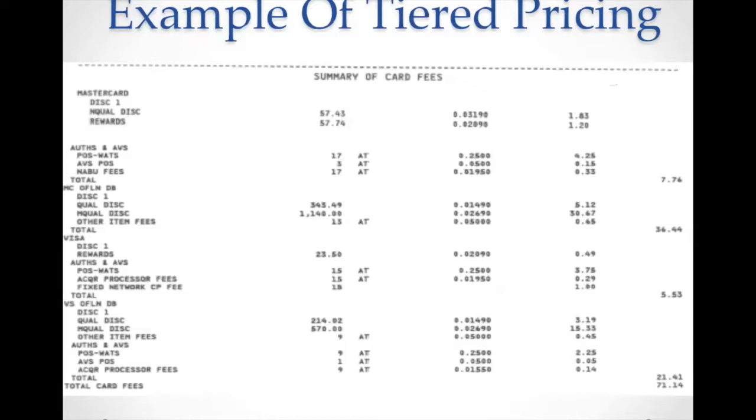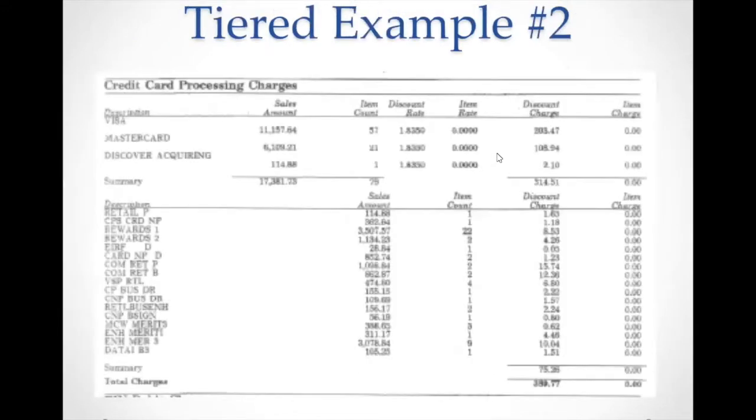The other thing on here, POS auths, this is going to be their transaction fee. So they're at 25 cents per transaction. So if you get a statement, the goal here is for you to be able to say, okay, you're on what's called tiered pricing. You have a qualified, a mid, and a non-qualified. Here's what those 3 discount rates are, and you're paying 25 cents per transaction.